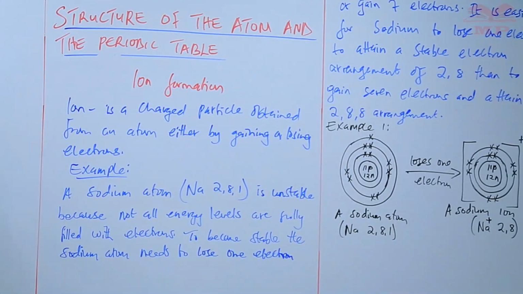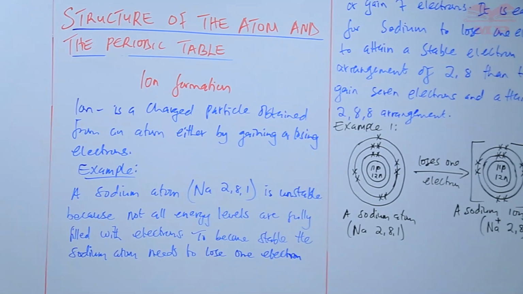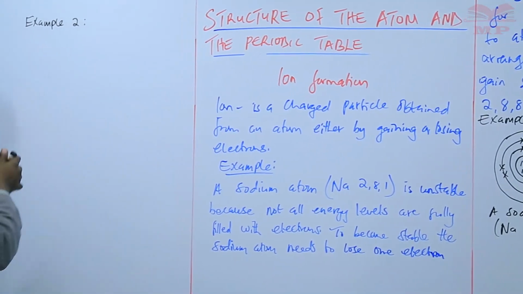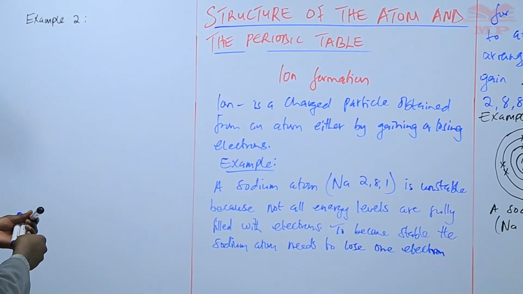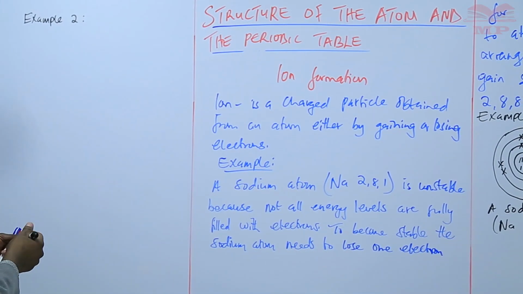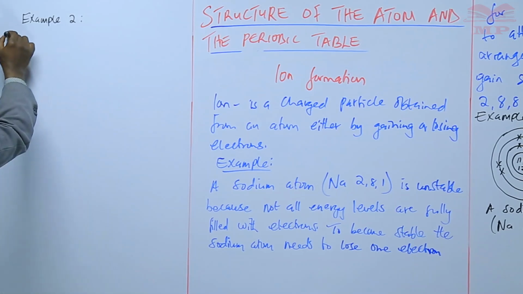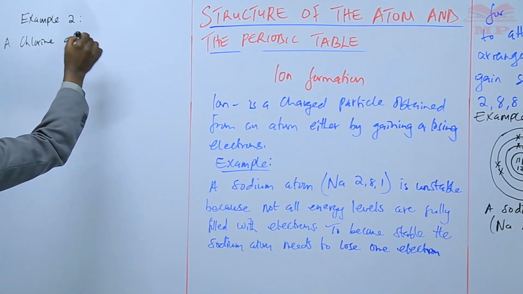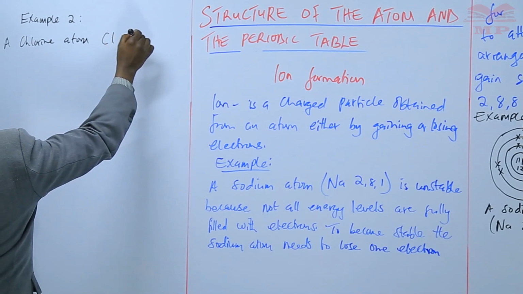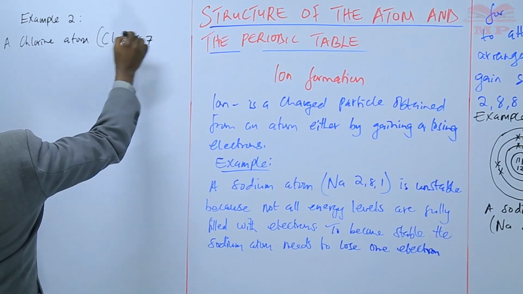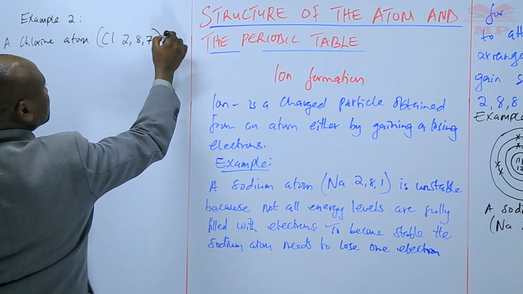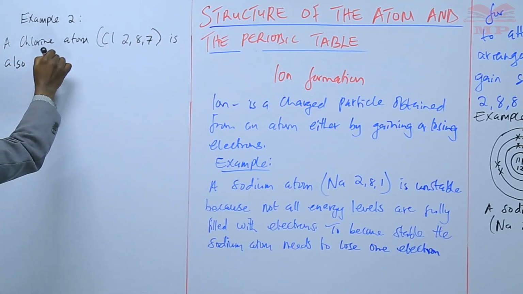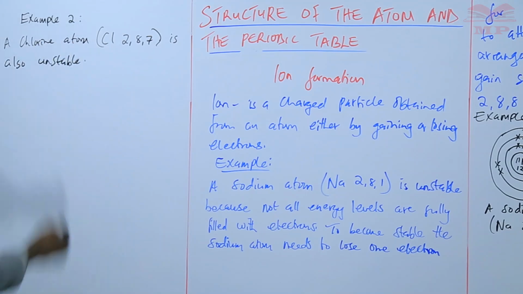We go to example 2. And this one we shall use a chlorine atom, whose arrangement is 2,8,7. It is also unstable.